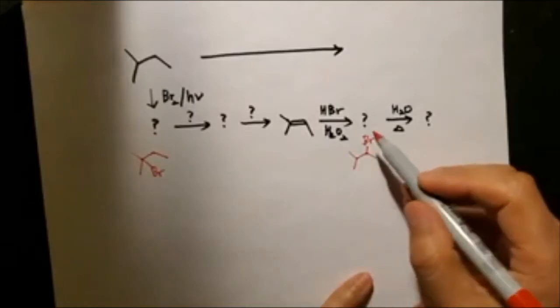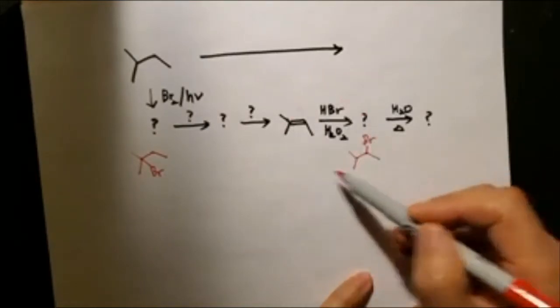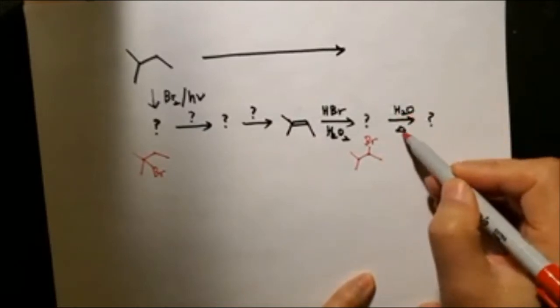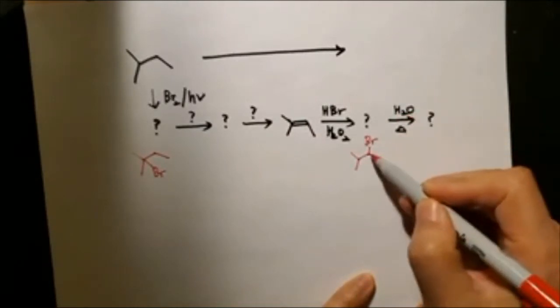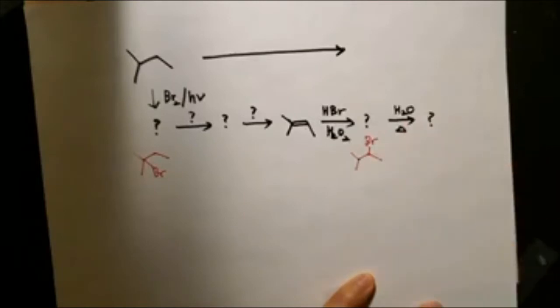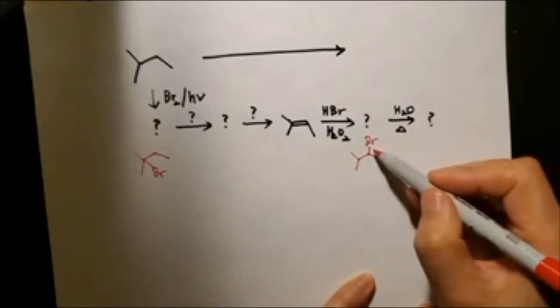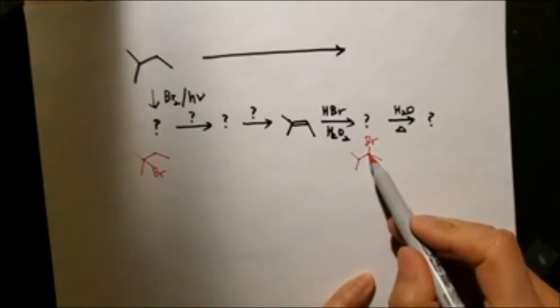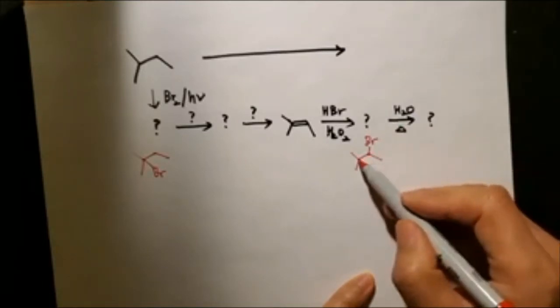Alright, so here we figured anti-Markovnikov addition. Then you have a weak base, water, and the heating going on. There's a tertiary, secondary carbon with a leaving group. So you can lose the leaving group and the carbocation shifts to the tertiary and becomes positive.